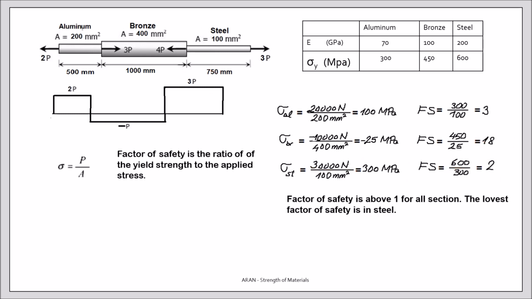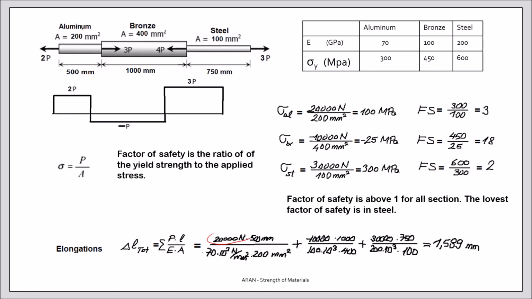Let's start to calculate the elongation. So I have to calculate for each region the elongation. So we know this formula. I have to write it from region 1 to region 3. And so let's put the numerical value. Region 1, 20,000.